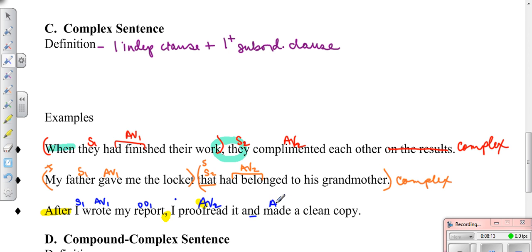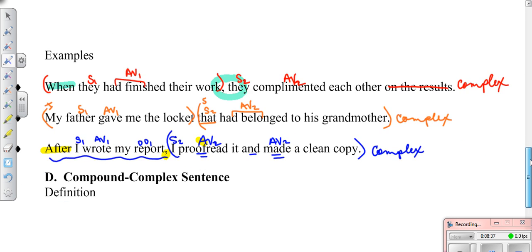And made, there's another action verb. Who or what proofread and made? I did. Since there's no comma here, I know that I'm dealing with a compound verb. So I have an independent and a subordinate. That makes this a complex sentence.